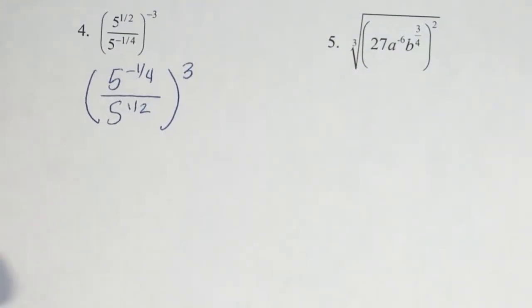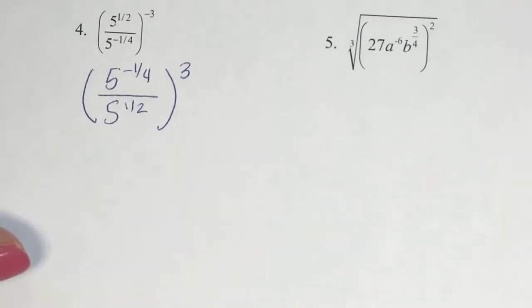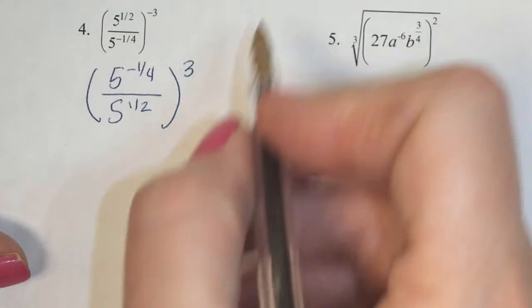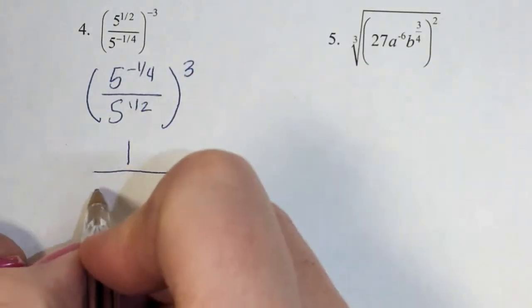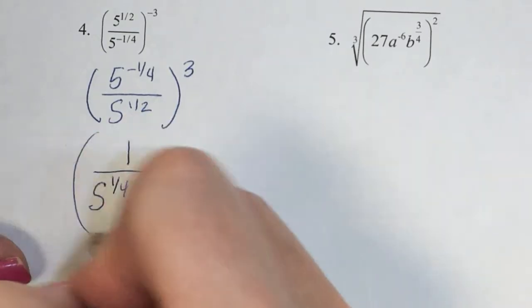Don't try to do too much in one step. What do you want to do now? Rachel, what do you think? What would you do now? Add 1/4. Okay, and why would you do that? Because you have to bring the negative. Okay, so here's what she's really saying she's going to do. She's going to make this a 1 on top, and she's going to bring this 5 to the 1/4 on the bottom.